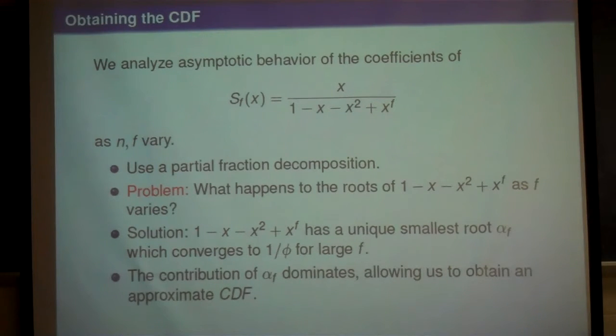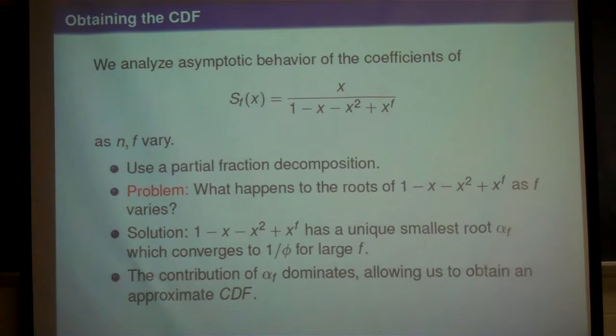And if we know what the roots of this polynomial are doing, we can take a partial fraction expansion and thereby get information on the cumulative distribution function. What's a little bit tricky is that the roots are moving around a little bit because f is changing. But using Rouché's theorem, we can say that there's really only one root that matters, and that root actually converges to 1 over phi.